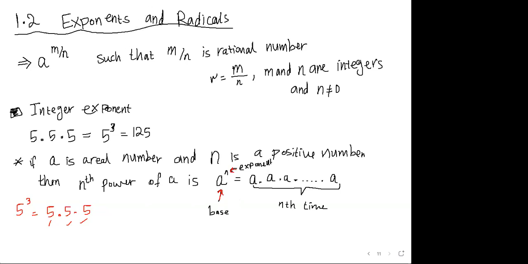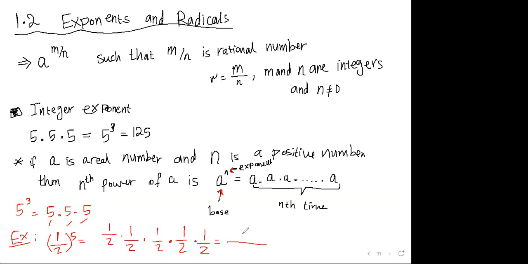Okay, let me give you an example. What is (1 over 2) to the power 5? It is equal to 1 half, 1 half, 5 times: 1, 2, 3, 4, 5.